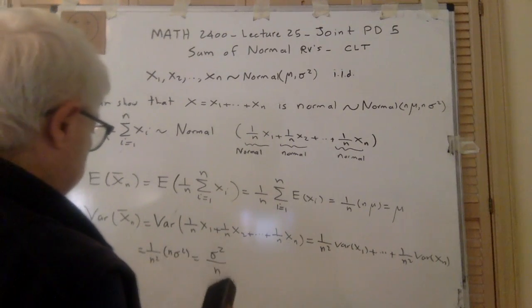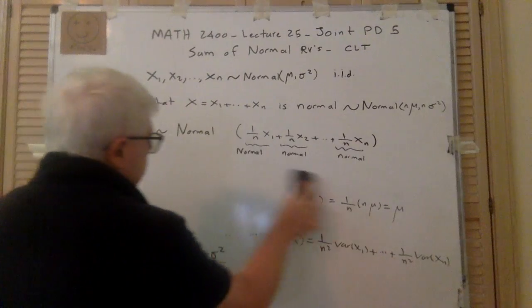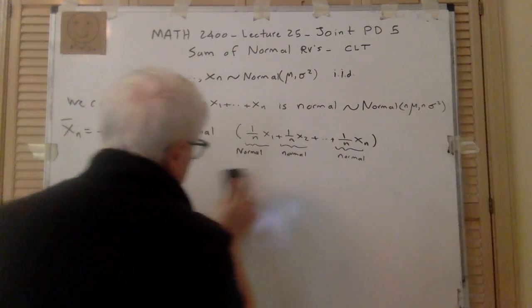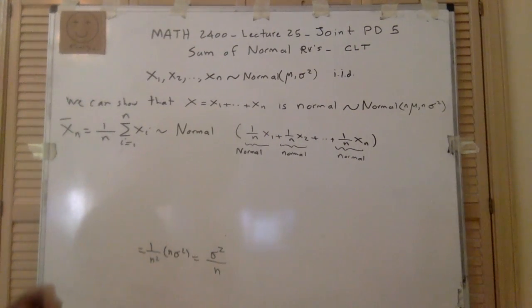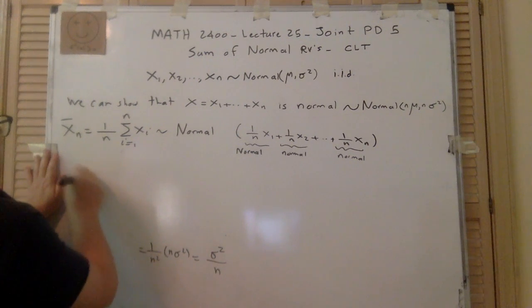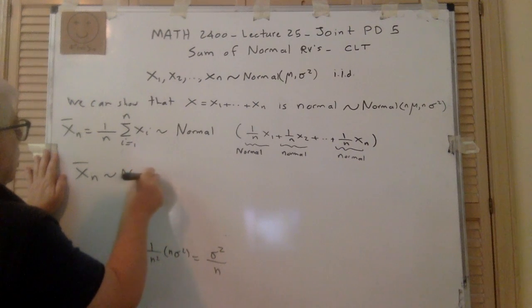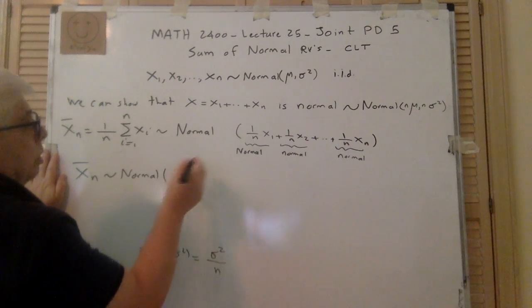So let me erase this thing and write it here. The sample mean has this interesting distribution. So the sample mean x bar n will be normal with mean mu.